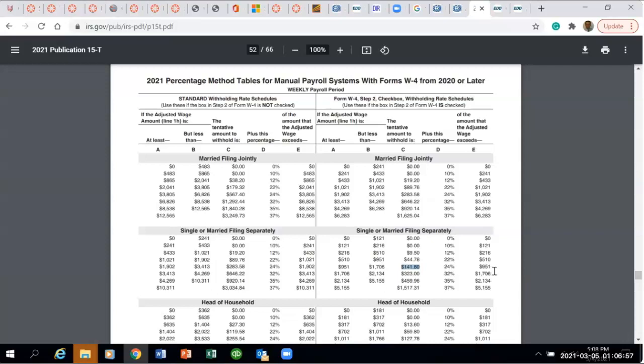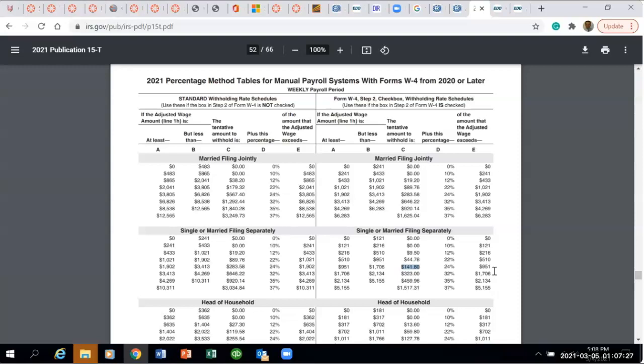So I'm going to calculate that quickly. 1,008 minus 951 is $57 times 24%, 0.24, equals 13.68, plus 141.80 equals 155.48.